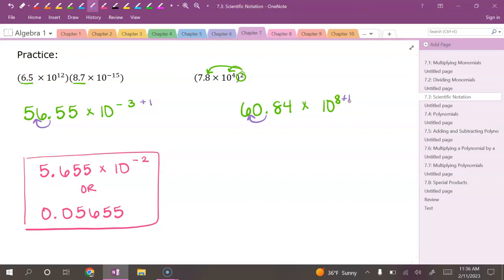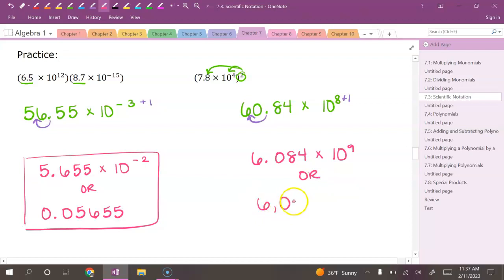And so I got 6.084 times 10 to the 9th power. And so then the standard form of this one would be 6.084 followed by 0, 0, 0, 0, 0, 0.